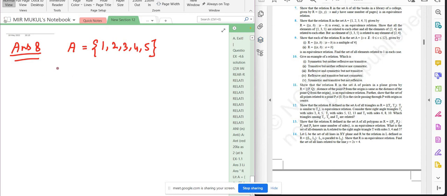Okay, and given by R equals {(a, b) such that a minus b is even} is an equivalence relation. Let's show reflexive.